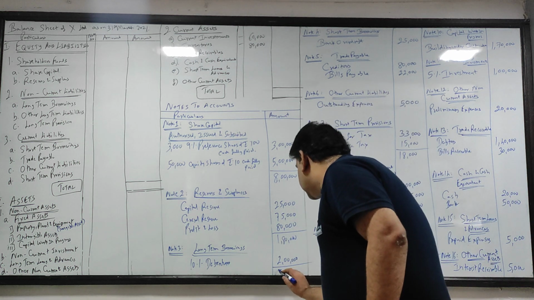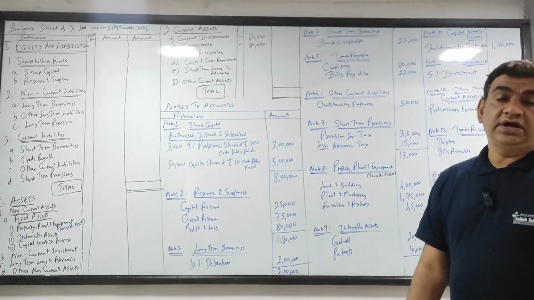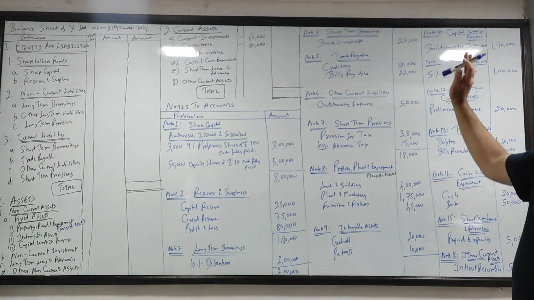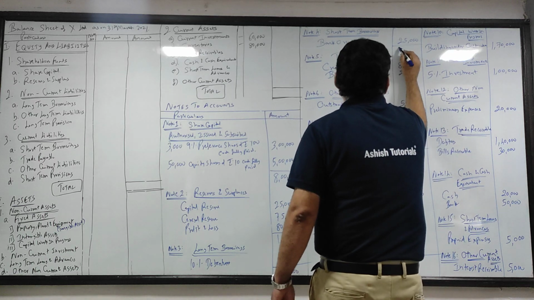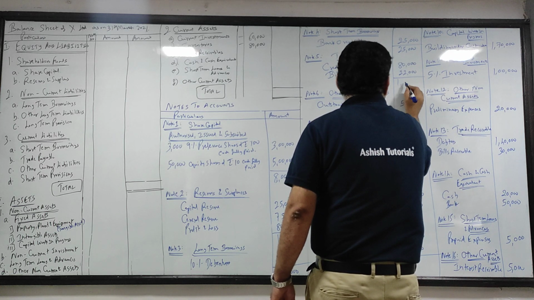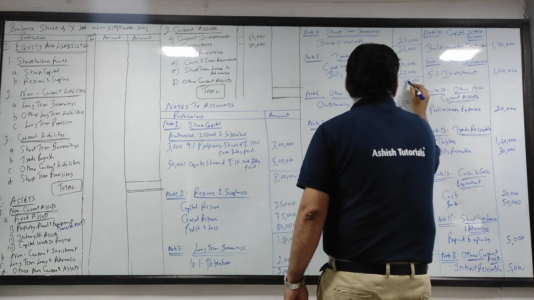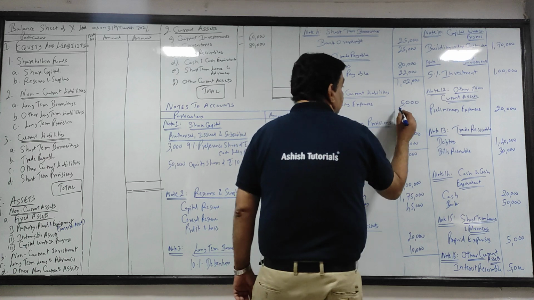Long-term borrowings, 10% debentures, 2 lakhs. Short-term borrowings, bank OD is one item, 25,000. Creditors and bills payable 80 and 22, 1,02,000.